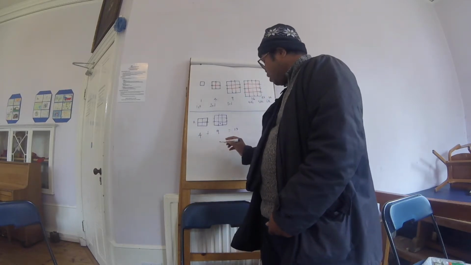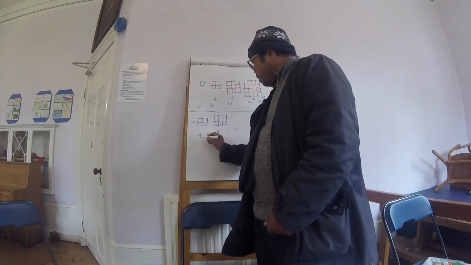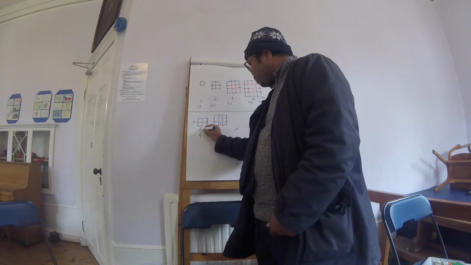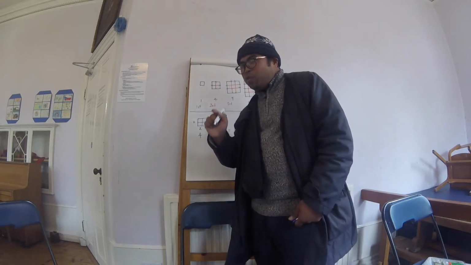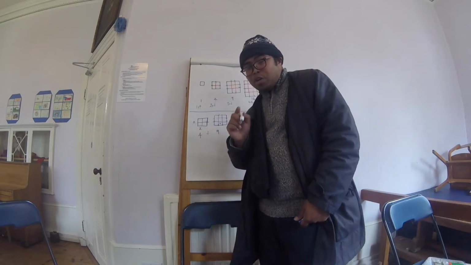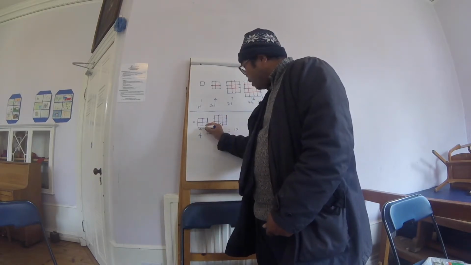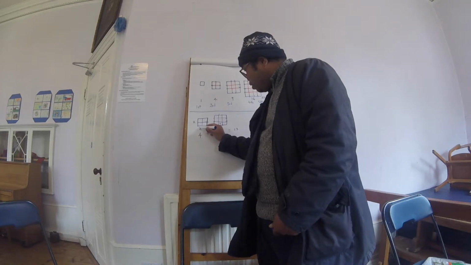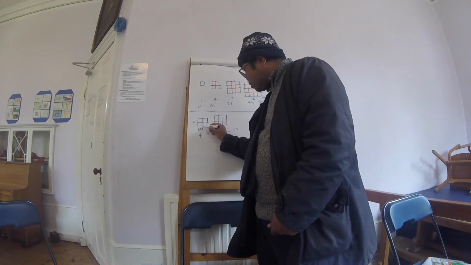So watch this, right? If I have 2 here, and when you say the word square, when we are squaring a line, or we're squaring a number, we do it like this.